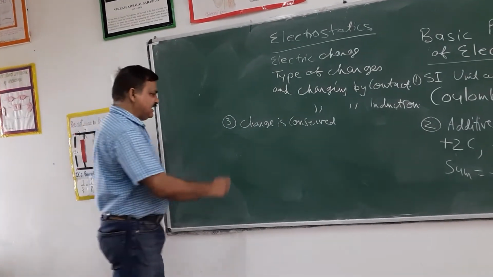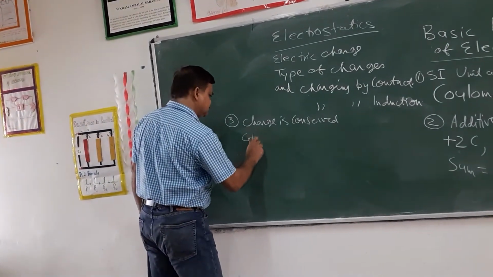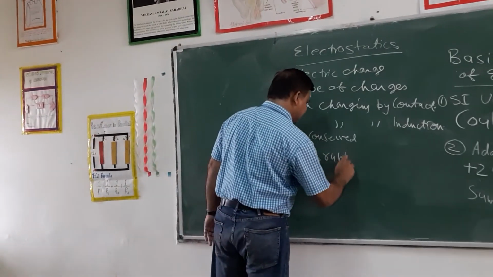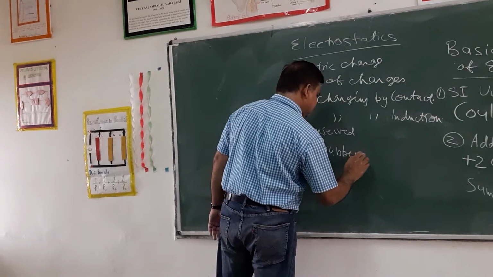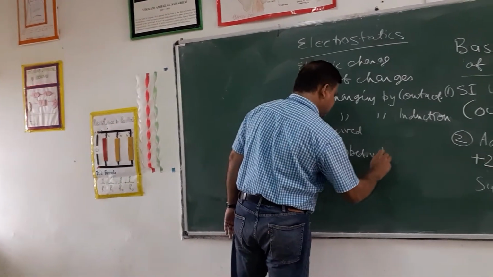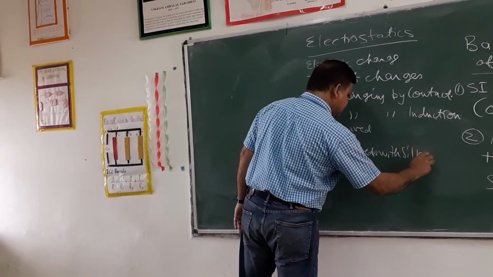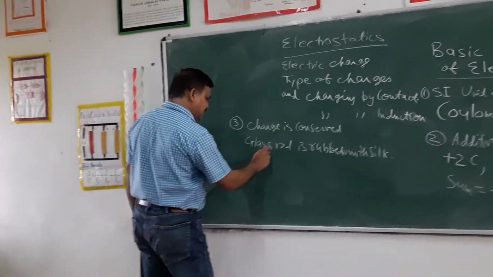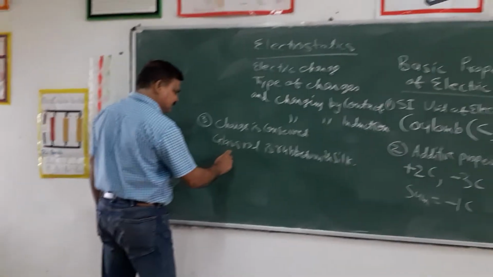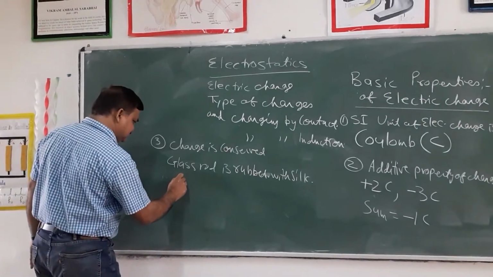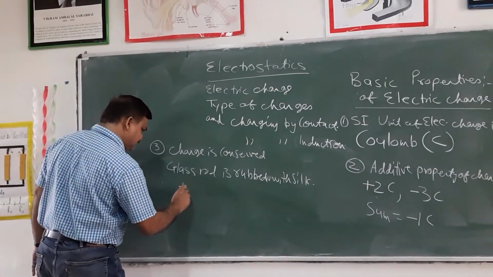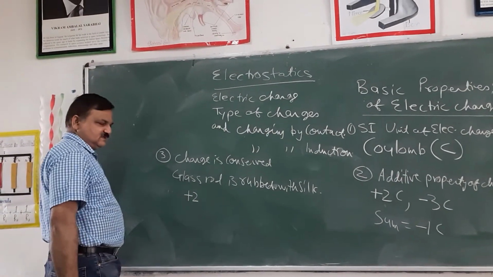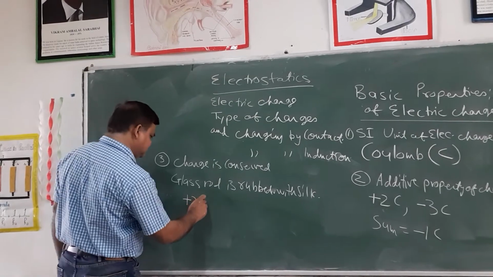Suppose a glass rod is rubbed with silk. Then if the glass rod loses 2 electrons, it will have plus 2 coulomb charge.